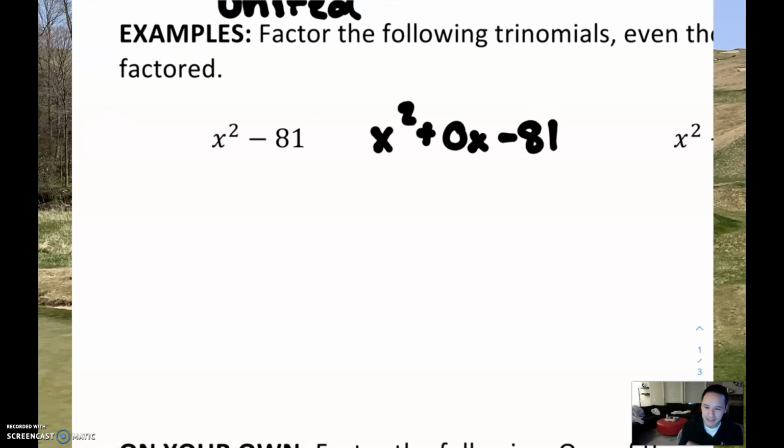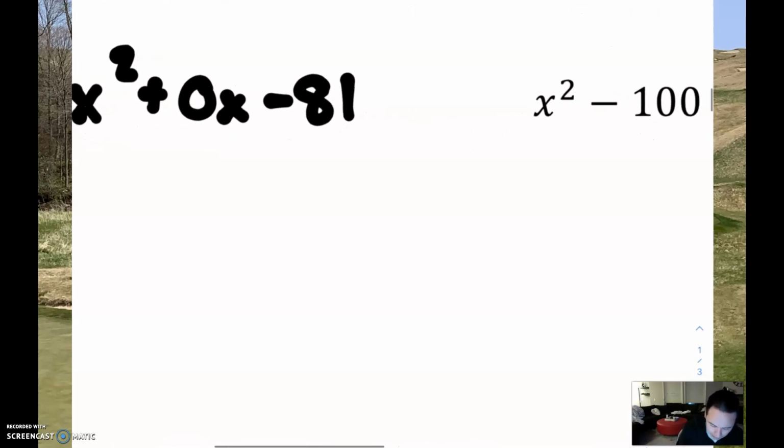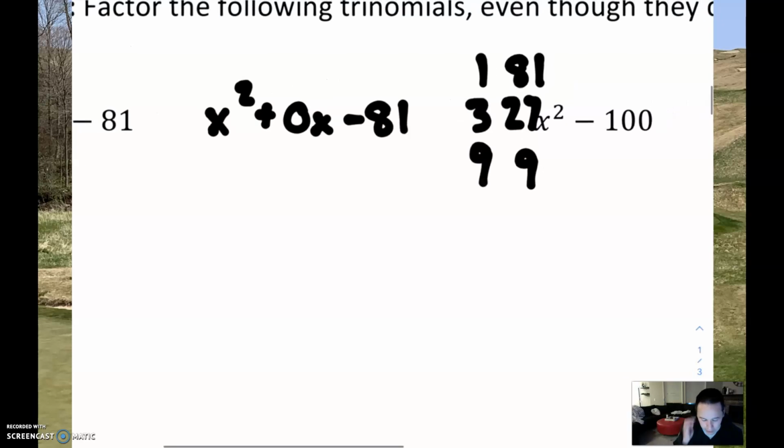So there's that hidden 0x in there that we can't see, but I'm going to write it in there just so we can figure out how to factor this. Now let's look at all the things that multiply to 81. We got 1 and 81, or we have 3 and 27, or we have 9 and 9. Those are all the possibilities that could make an 81.